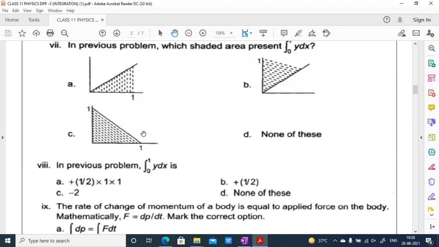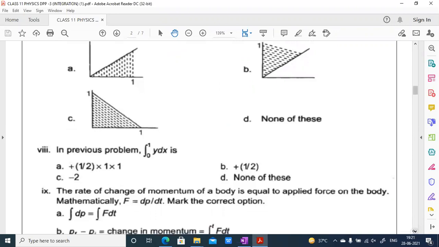That will be the area of this triangle. What is the answer of 8? B. What do we calculate in the 8th? Area, it is above the x-axis. So yes, that area will be positive. 0 to 1, it will be option B.